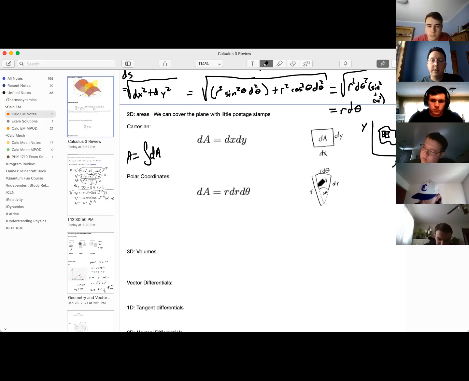In polar coordinates, you kind of have to think about it. What you get is almost like a little fan. One side of the postage stamp is at fixed radius, so it sweeps out a little arc. Then the next side is at fixed angle, but you change the radius, so it forms a radial line. And then the top bit is again at fixed radius, and you sweep out another arc.